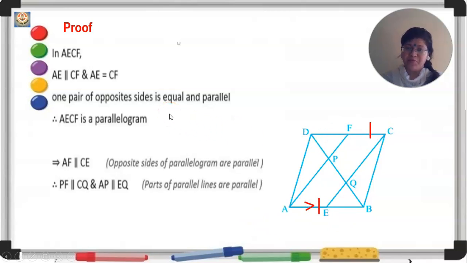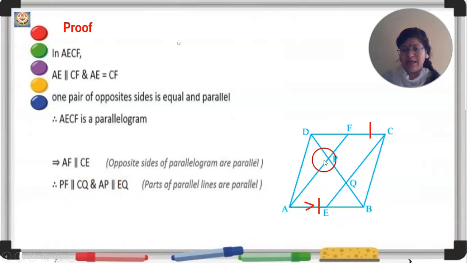Now, after having proved that, AF is parallel to CE because they are the other opposite sides of the parallelogram, right? If AF is parallel to CE, then why would we get PF parallel to CQ and AP parallel to EQ?